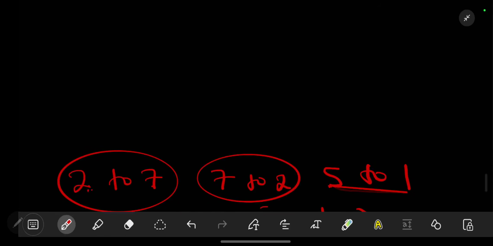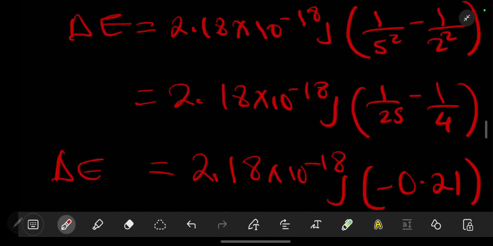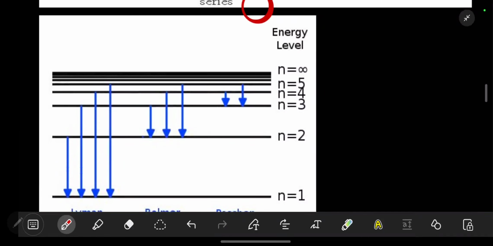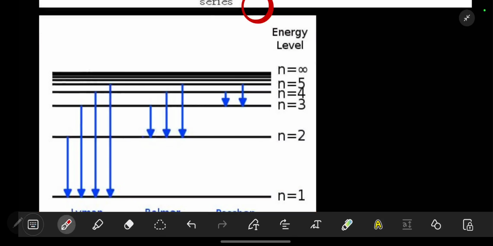from 5 to 1, that will release more energy, which makes sense, because if you remember, the more you go, the closer the shells become. So the more you approach 1, the more energy is released, as compared to somewhere here.